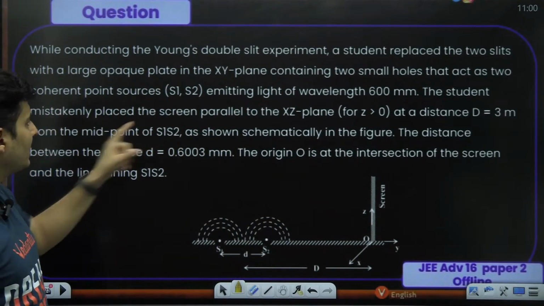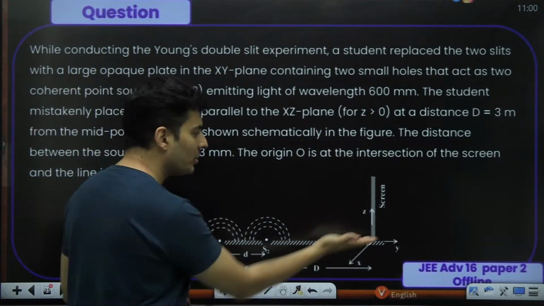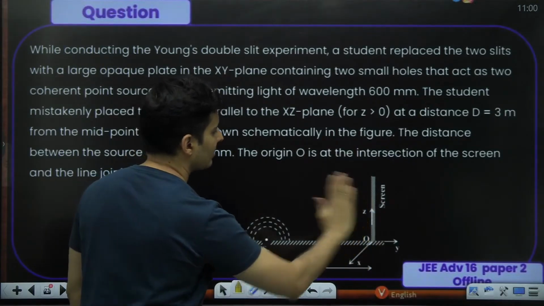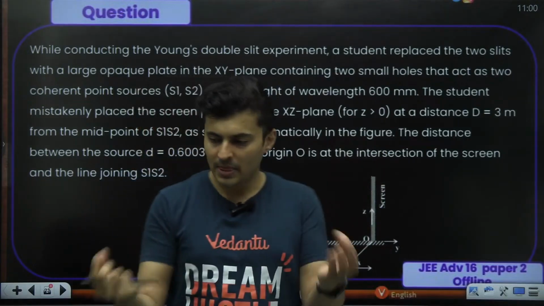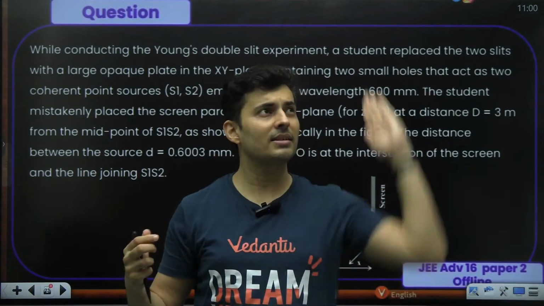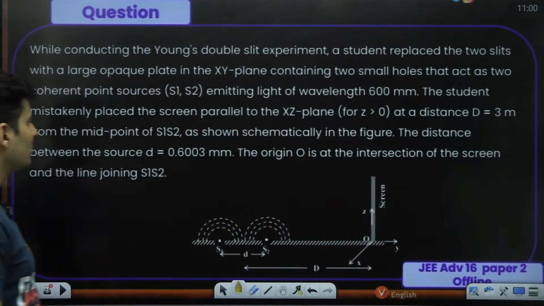The student mistakenly has placed the screen in the zx plane. Z more than 0 means on the top, z less than 0 would be below. The zx plane is basically the plane towards you. So think as if there are two sources over here and the zx plane is over here, acting like a screen now. The distance between the sources is also given.